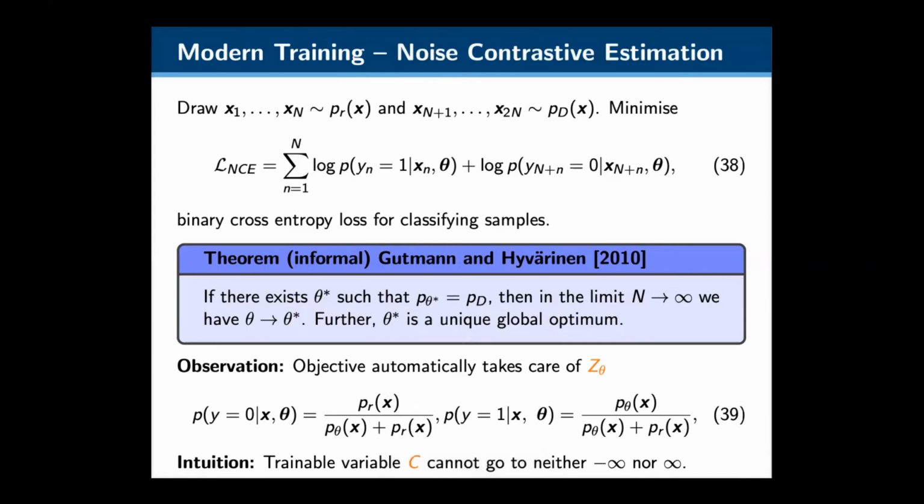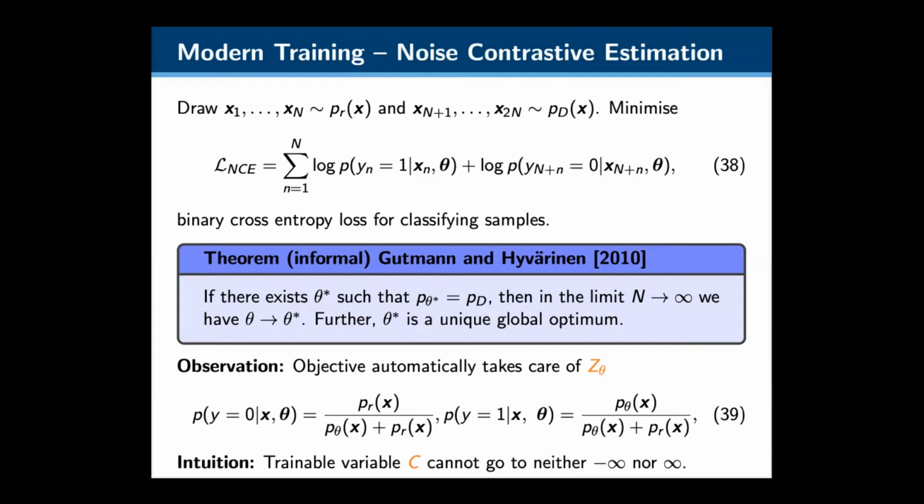So in particular, if we didn't train via this scheme and we just tried to do maximum likelihood using this C trainable variable, then you can imagine that if we send C to infinity, then we're going to give the data infinite probability, and that wouldn't work.